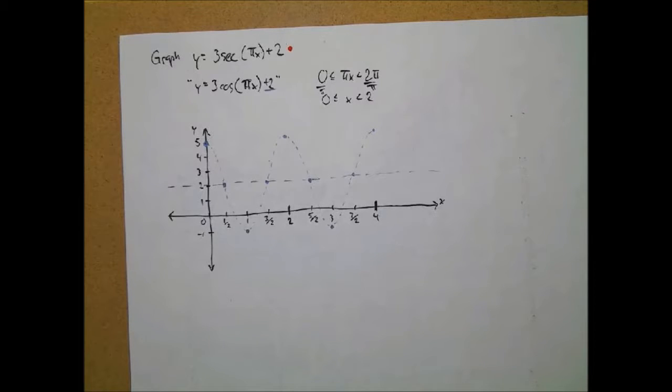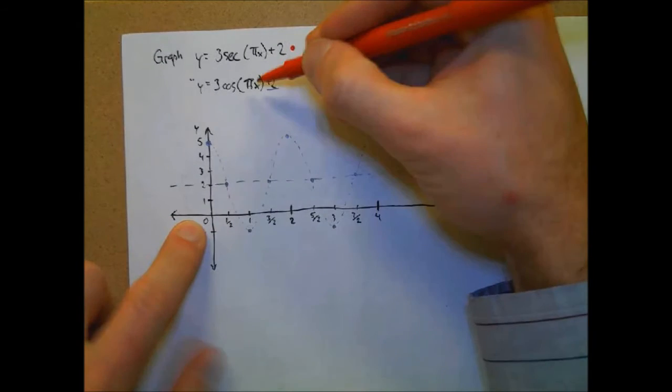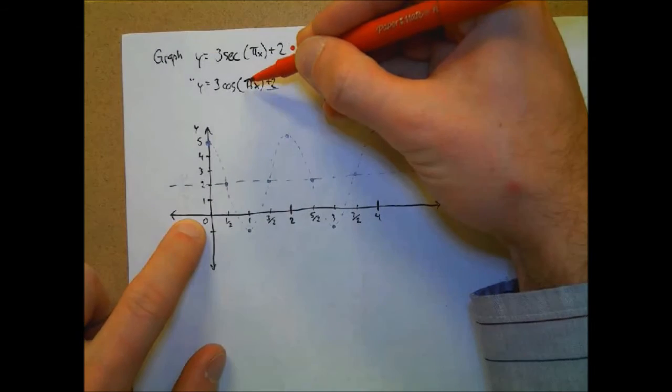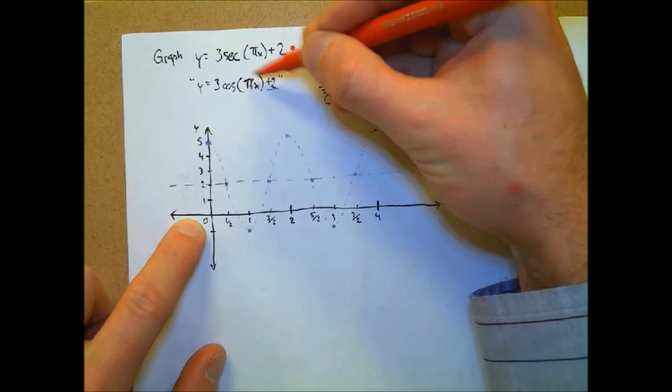So, question, Jenny, yes. How are you evaluating this so quickly when you do the 3 cosine times pi x? So I just plug it in, 0, right? Plug in 0. 0 times pi is 0. Cosine of 0 then. And that's where we go back to our unit circle stuff.